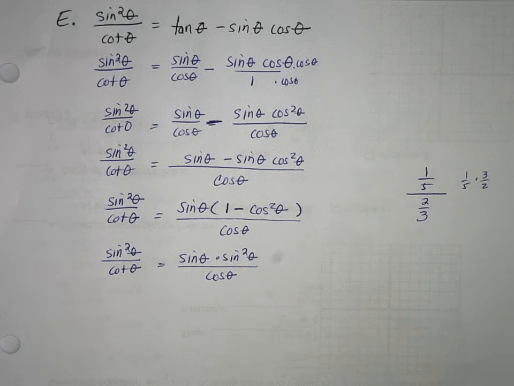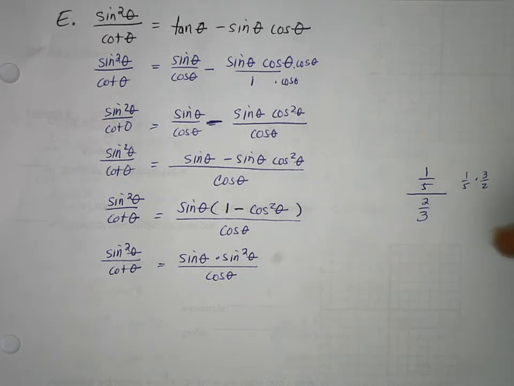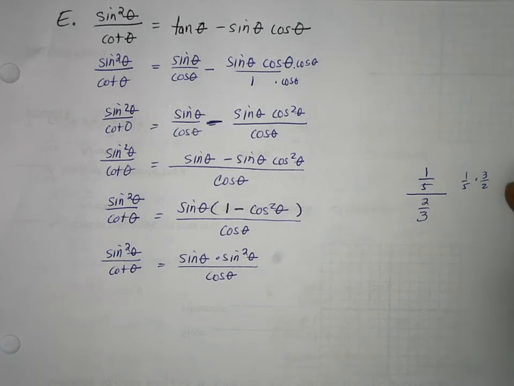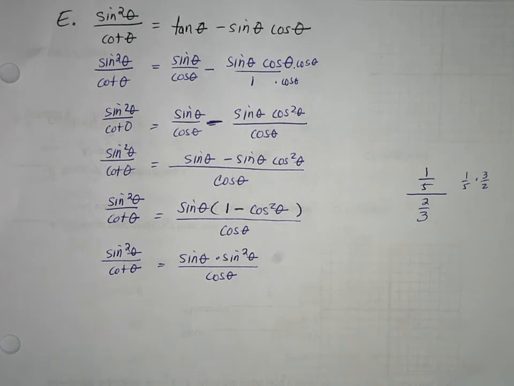Isn't it true that I should be able to do the reverse? If I take 1/5 and I multiply by 3/2, that should be divided by the reciprocal. When I divide by a fraction, I multiply by its reciprocal. So when I multiply by a fraction, I divide by its reciprocal, okay? You gotta think a little bit outside the box.